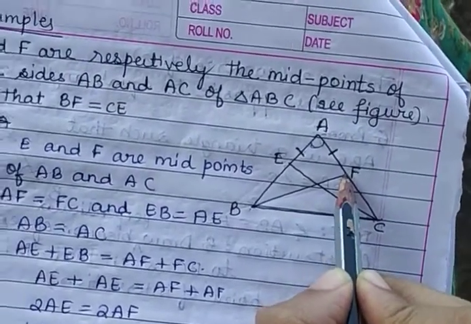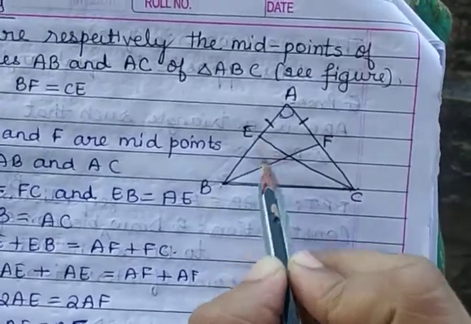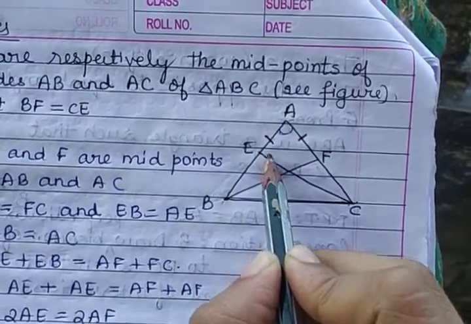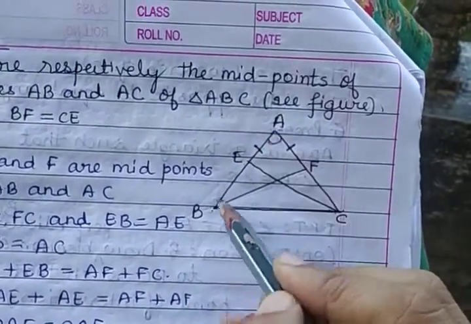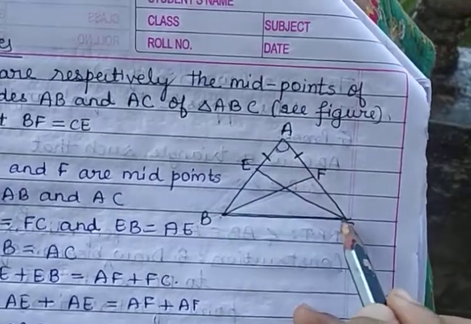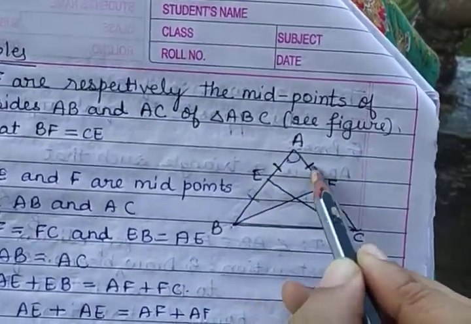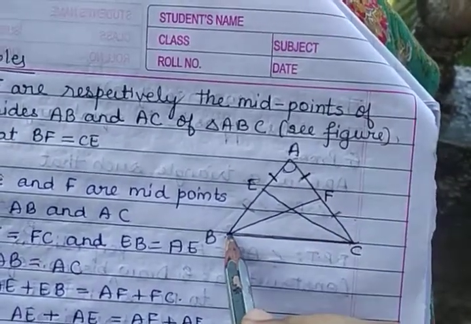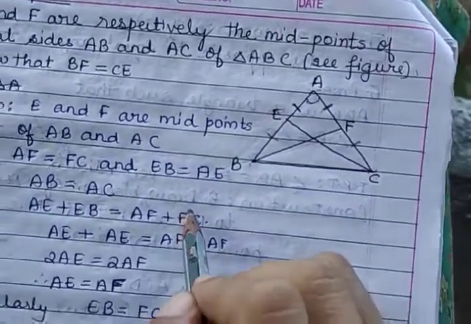What else is given is E and F are midpoints of the sides AB and AC. Since they are midpoints, this side will be equal to this side. We have to prove that BF is equal to CE.